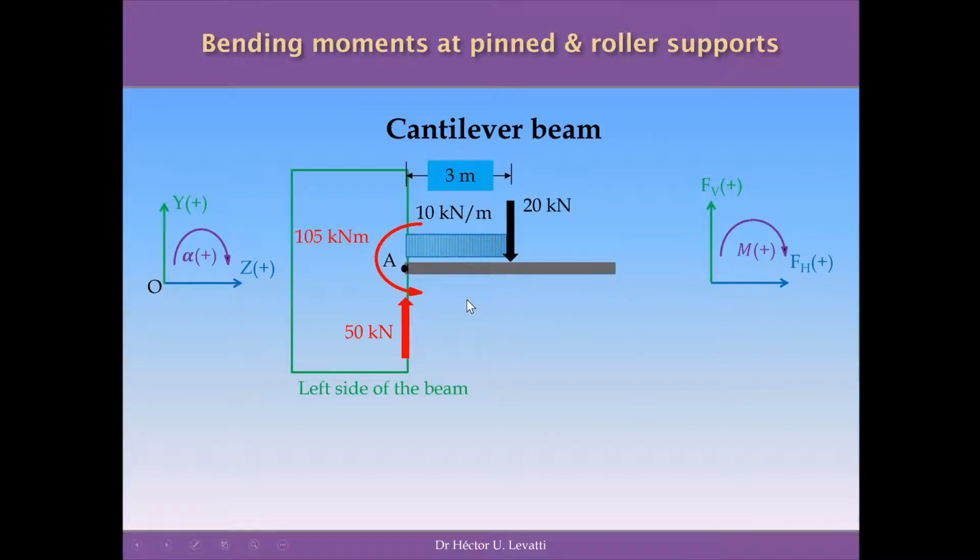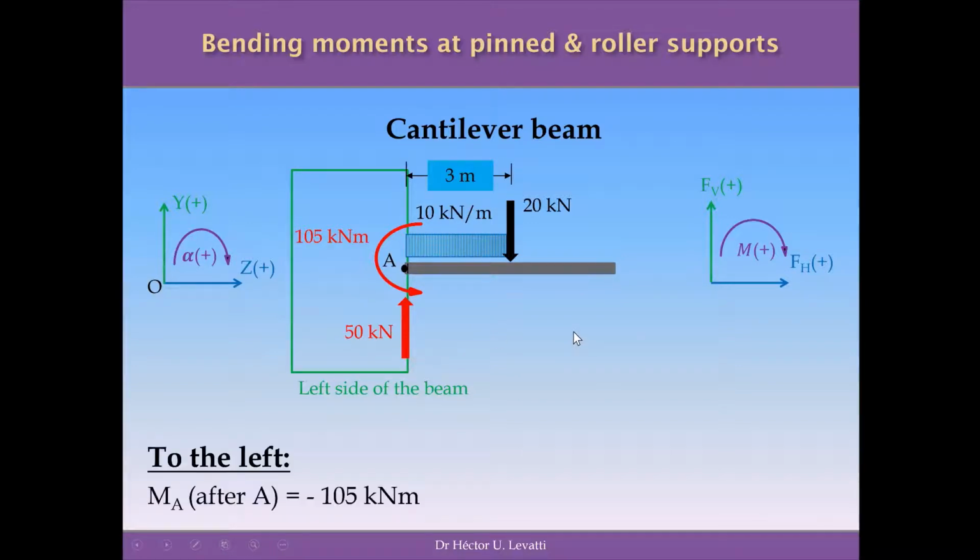The only forces we have on the left side of the beam are the moment of 105 and the reaction of 50 kilonewtons. The only moment we have is 105, because the moment produced by 50 kilonewtons around this cross section is 0, since the perpendicular distance from this cross section to the force is 0.